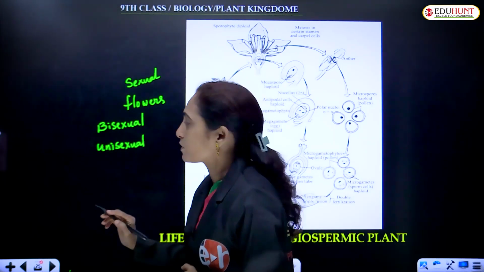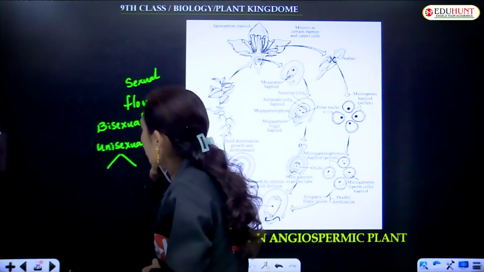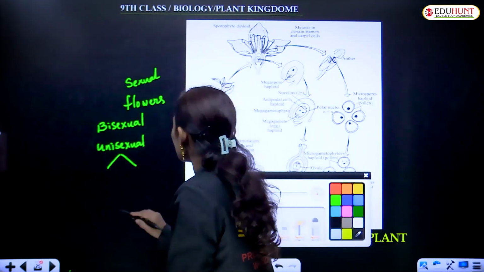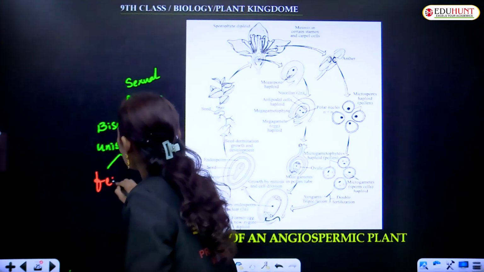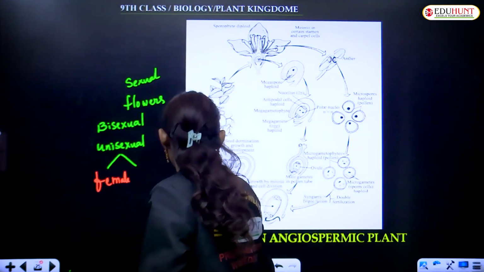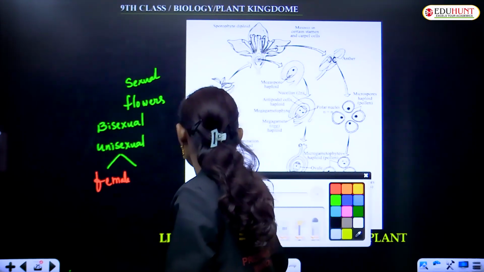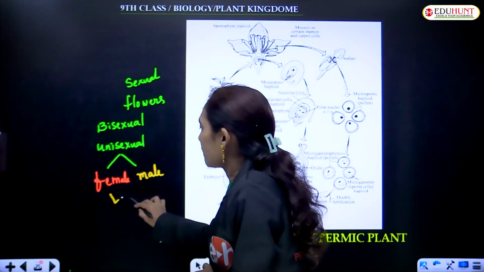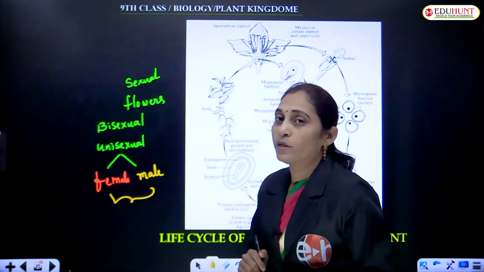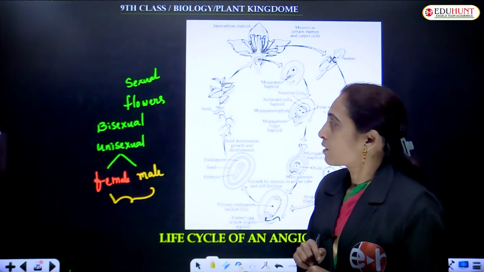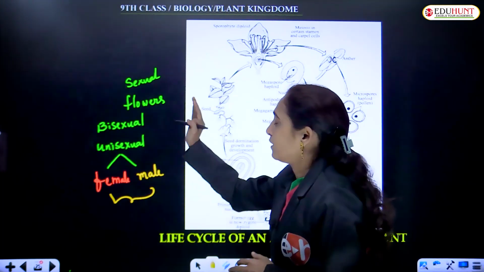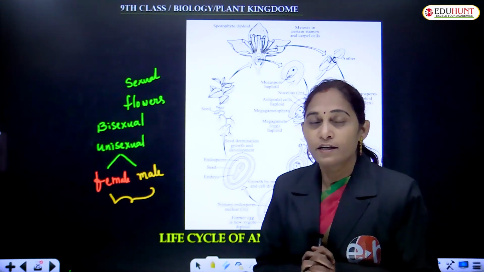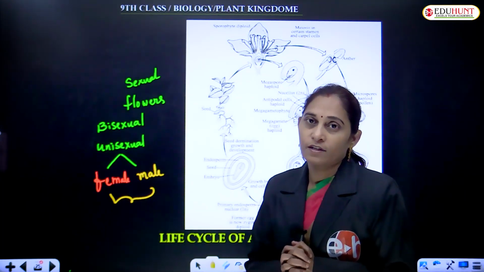In case of unisexual, the flowers are female or male. These are the two unisexual flowers. Anyway, in the flower, we have 4 different organs.